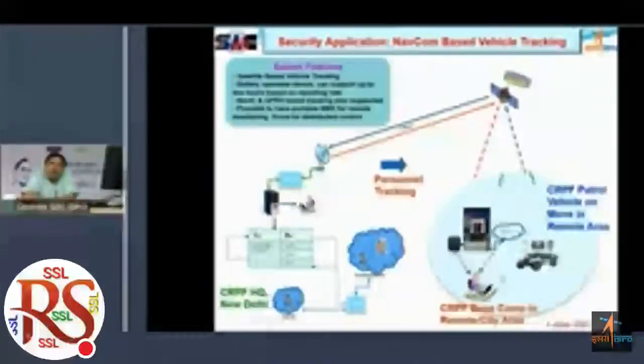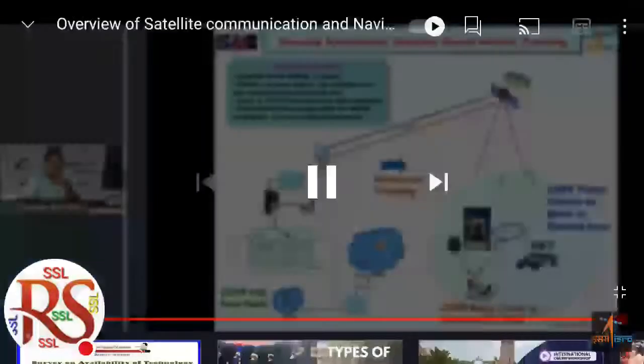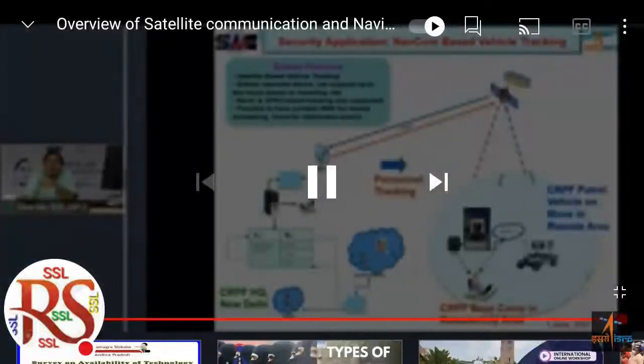So when they go out in the jungle, their movement, whether in a vehicle or on foot, will be continuously tracked, and sitting at a base camp outside the jungle or in Delhi or any headquarters, they will know the movement of our troops, so that if any Naxalite ambush happens, we will be immediately able to rush help to the soldiers in distress.